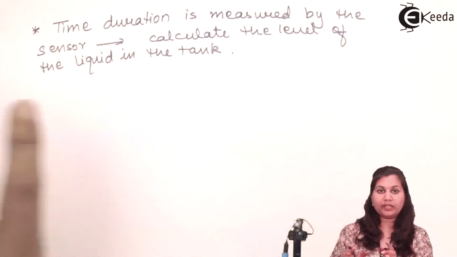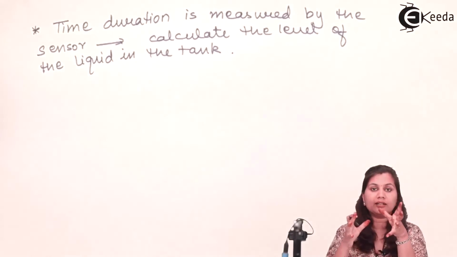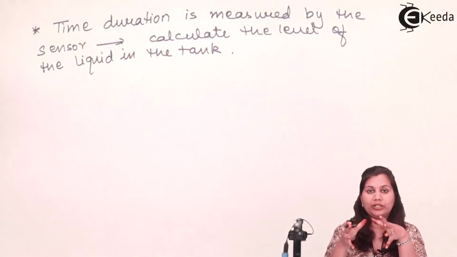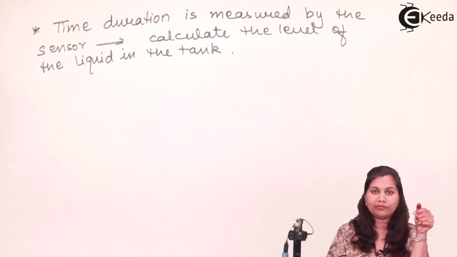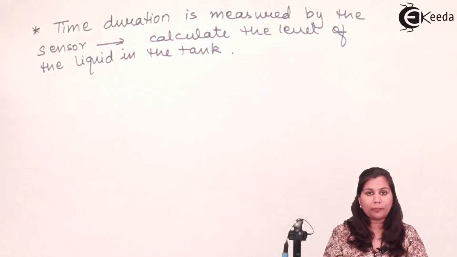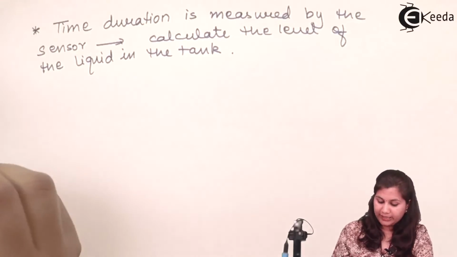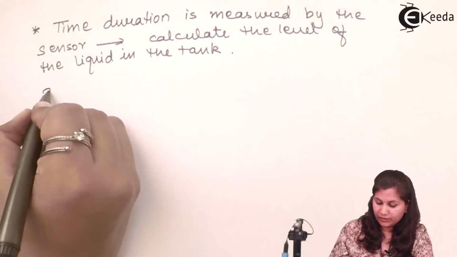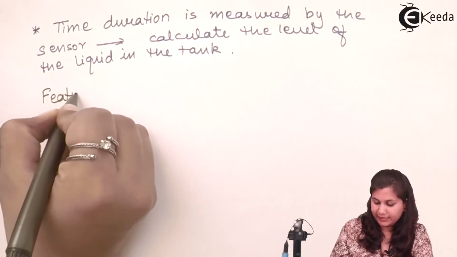In this way, we are directly measuring the level of the liquid, so it is a type of direct method of level measurement. So this was the operating principle and the working of the ultrasonic level sensors. Now let us see some of the features of these ultrasonic level sensors.